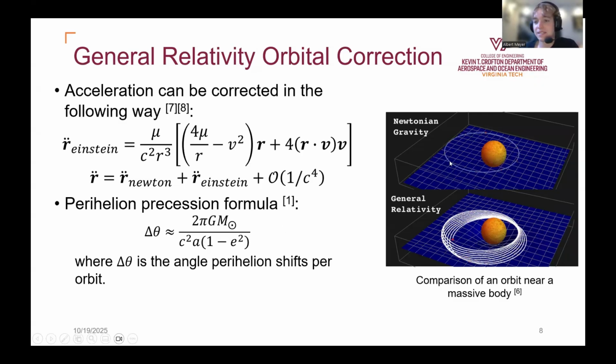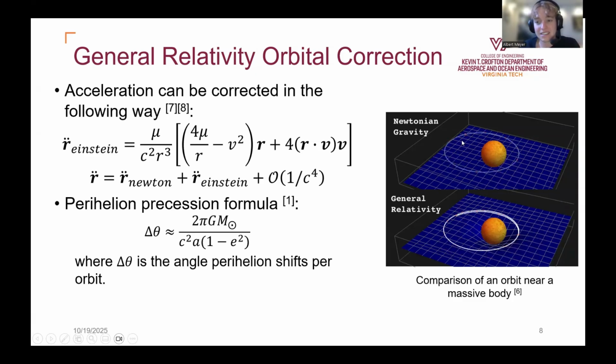And I think that's best illustrated by this image over here. You can see on top we have Newtonian gravity. Let's just call this a planet and a star. This planet is orbiting this star in a very well-behaved orbit. And a thing to note is that the space on this floor, this blue grid, is not bent in any kind of shape.